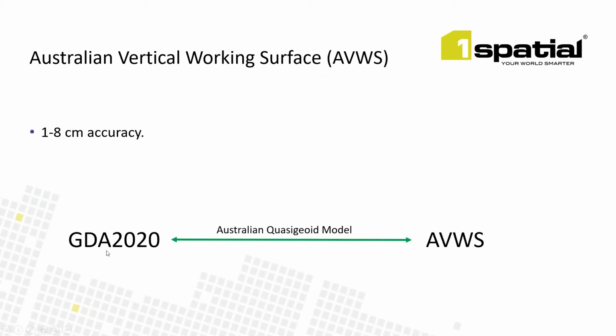To convert height between GDA2020 ellipsoidal height and the Australian Vertical Working Surface, we can use the Australian quasi-geoid model. I know in most cases AHD height is more than enough, so you may not be interested in AVWS at present, but it will be something to consider at some point in future. So that's about height.